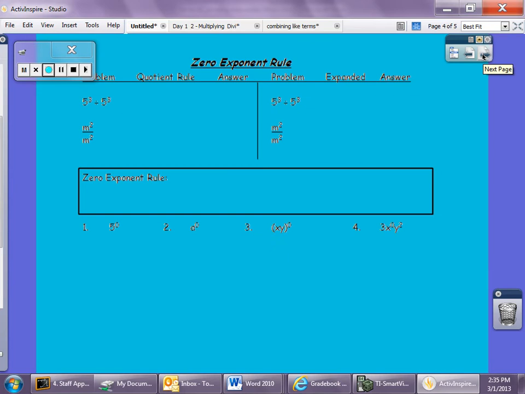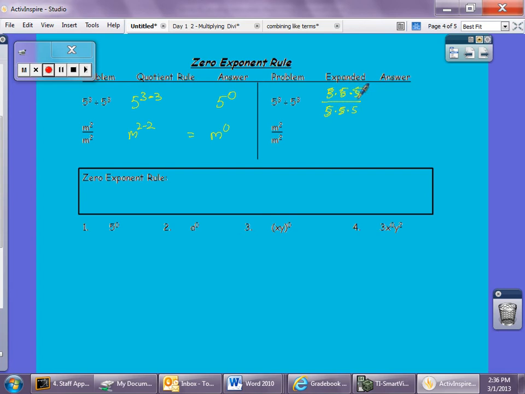Now the zero exponent rule. If we use the quotient rule, we have 5 to the 3 minus 3, and 3 minus 3 is 0, so 5 to the 0. And here, once again, we have m to the 2 minus 2, which is going to equal m to the 0. Now if I write this out, it's 5 times 5 times 5 over 5 times 5 times 5.